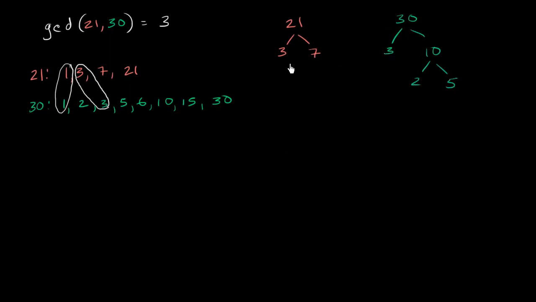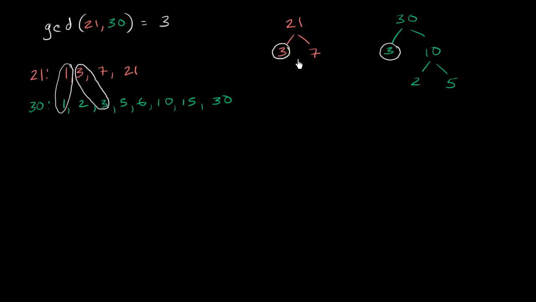So what are the most factors that we can take from both 21 and 30 to make the largest possible number? When you look at the prime factorization, the only thing that's common is a 3. And so we would say that the greatest common factor, or the greatest common divisor, of 21 and 30 is 3. If you saw nothing in common, then you would say the greatest common divisor is 1.